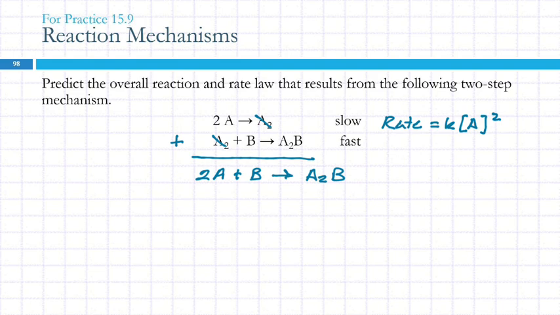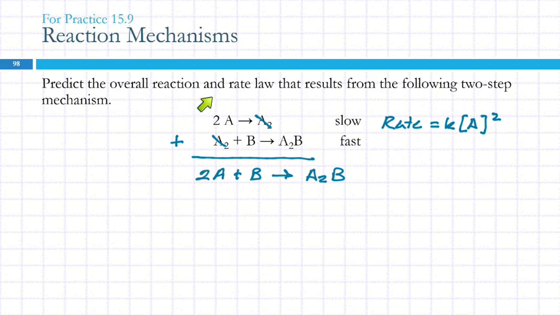Mm-hmm. The first step involves two A's combining. That's what's really slow. After that A2 reacts with B to form the product. That's really fast. This second fast step doesn't affect the rate. The slow step is what determines the rate.